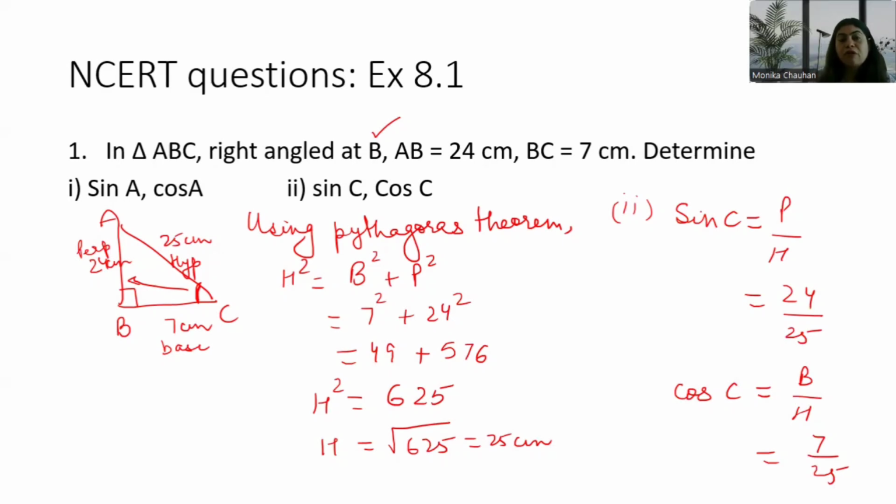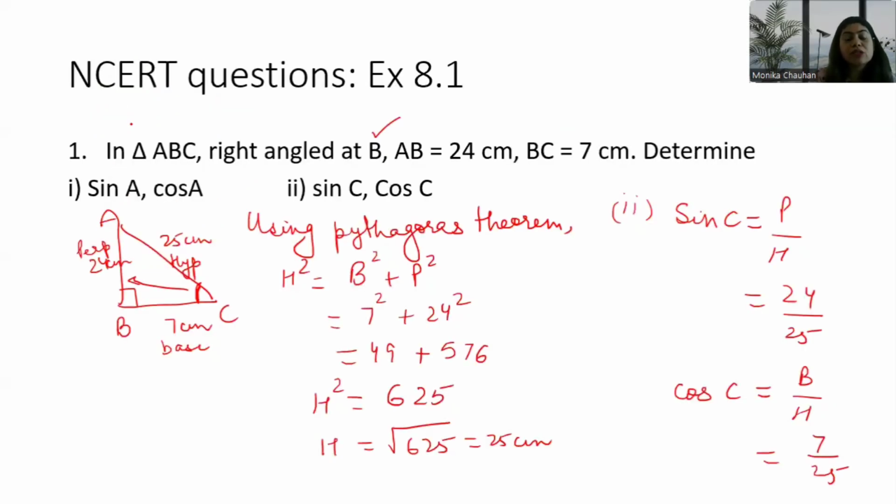But I have to tell you for sine A and cos A. So I have to make it again. So make a right angle triangle. Let it be right angle at B, B is here, A is here, and C is here.